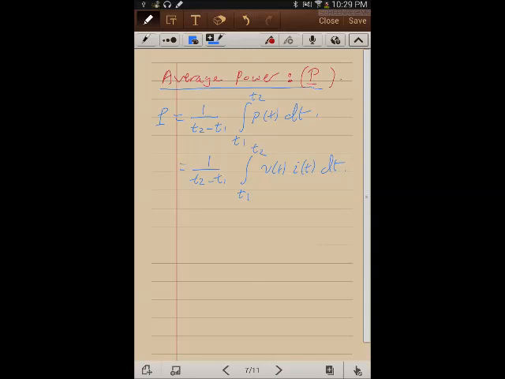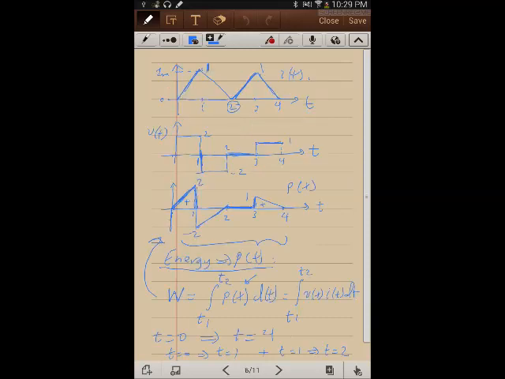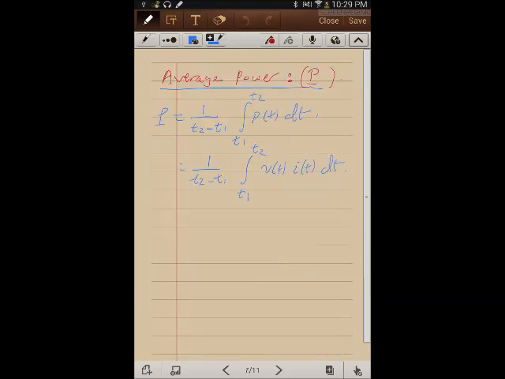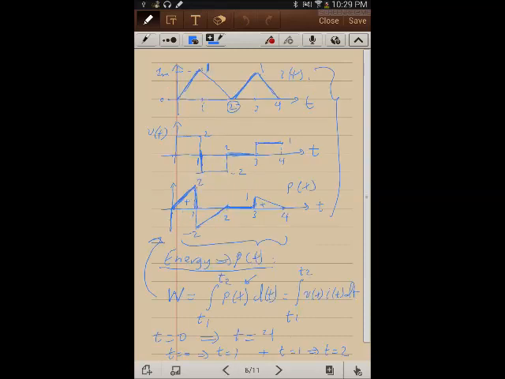So to calculate the average power for this particular example, we will say average power from t1 equal to 0 to t2 equal to 1 is 1 over 1 minus 0 integral from 0 to 1 of p(t) dt. And from this example, this is the first power to be integrated over this time period.